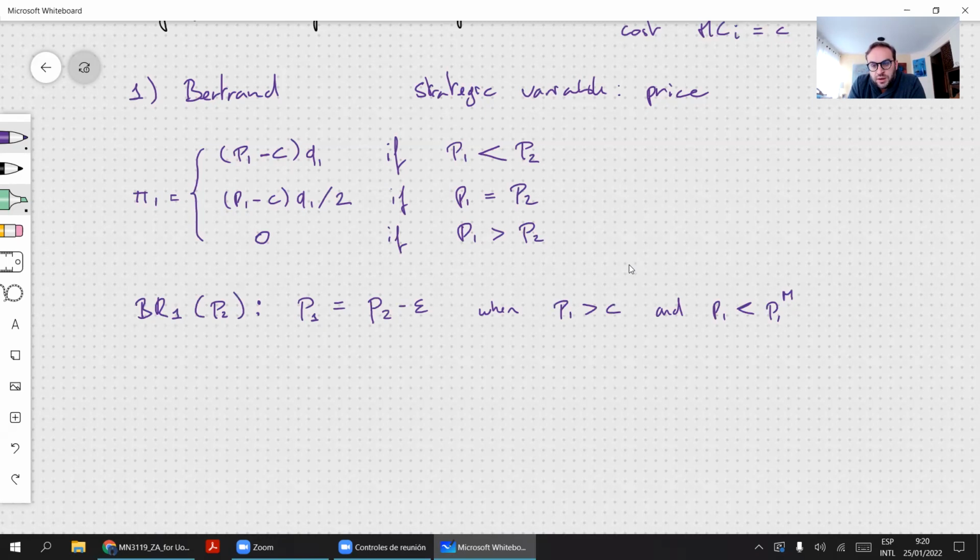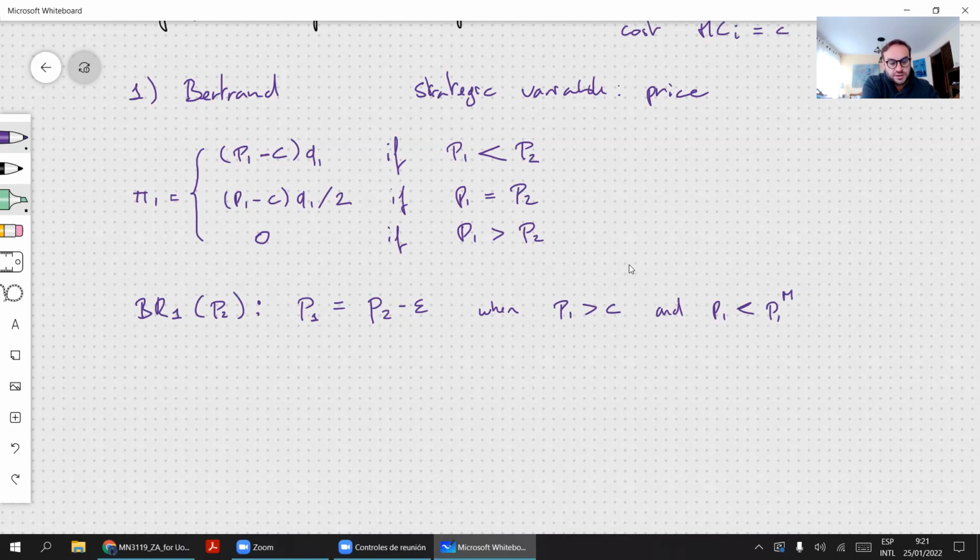Why should this be? First, it should be obvious that my price should never be lower than the marginal cost, because if price is smaller than marginal cost, then I'm making a loss on every unit sold. So I should not do this. And I should not ask for a price larger than the monopoly price, because the monopoly price is the best condition possible. It's when I am in complete control of the market.